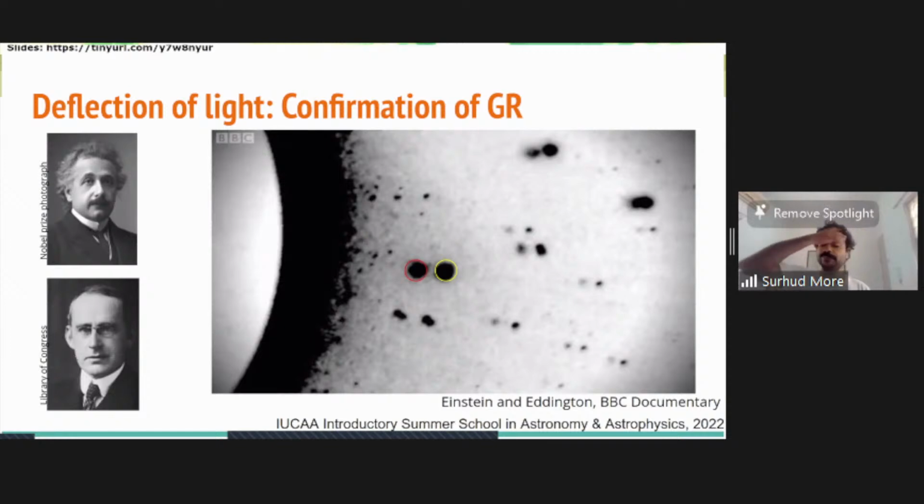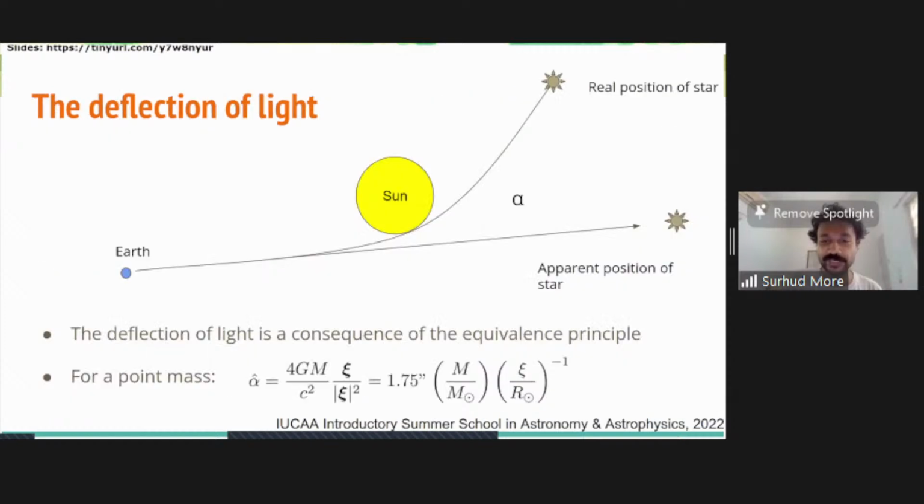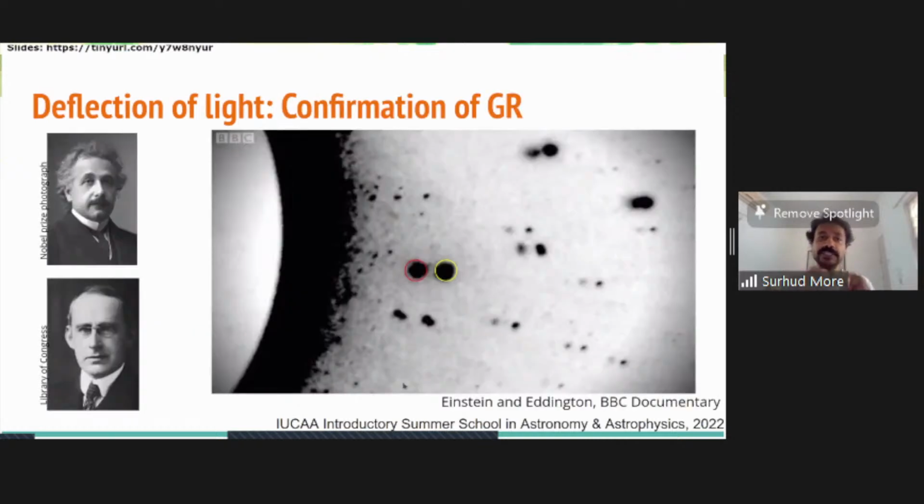No, this is not the case of microlensing. In microlensing, the deflection angles are typically quite small, like micro-arcsecond level. This is arcsecond level lensing that you're seeing. In microlensing, you get multiple images of the same source, but they are separated by such a small distance that all of these images actually merge together and appear to be the same image, and that's why the flux increases. In this particular case, you are only seeing the deflection of the light ray.